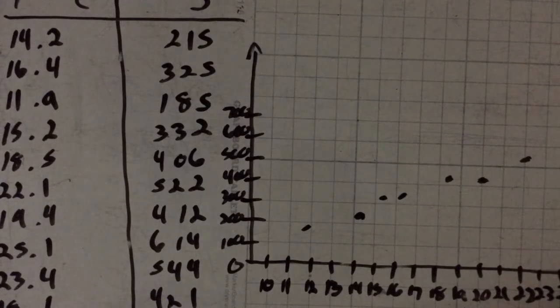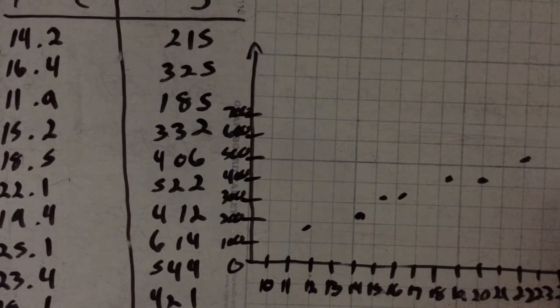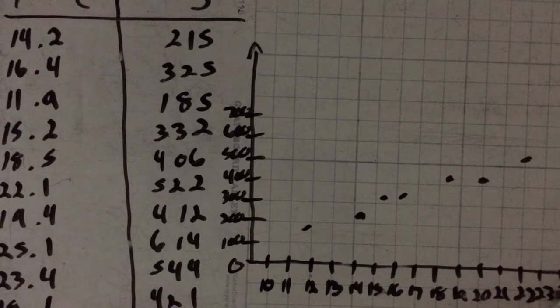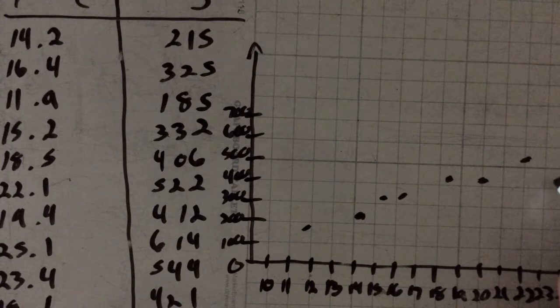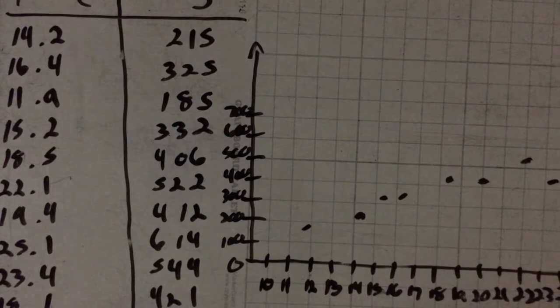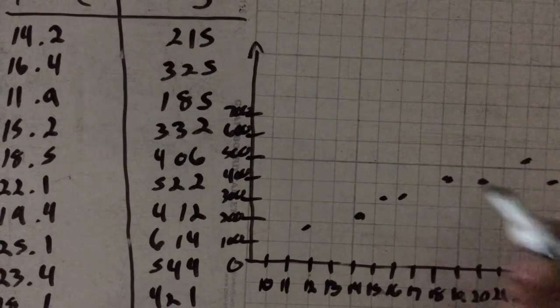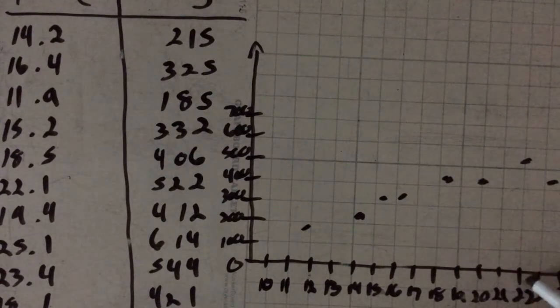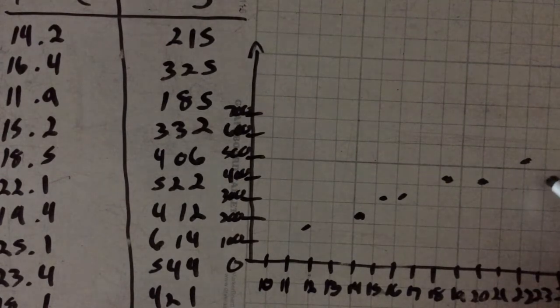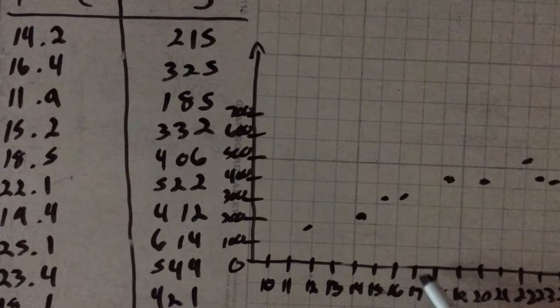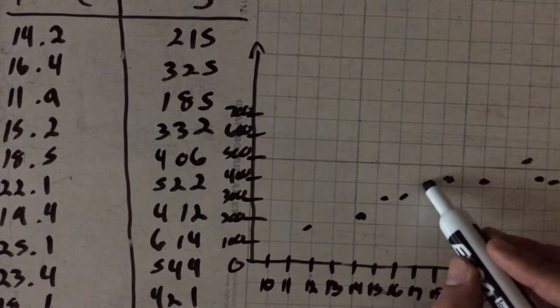Did not complete this. 25.1 goes to 614. 23.4 goes with 421. 18.1, 421. 22.6, gonna go with 445. And finally, 17.2 is gonna go with 408.